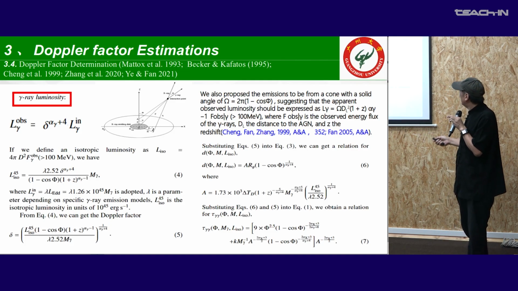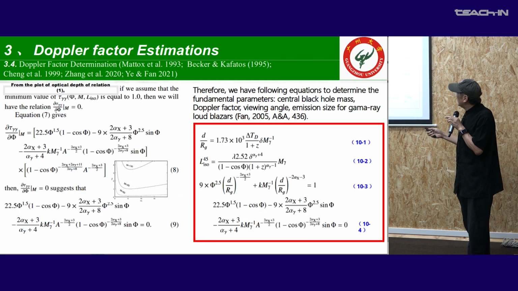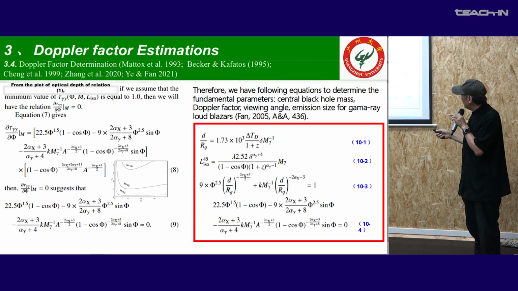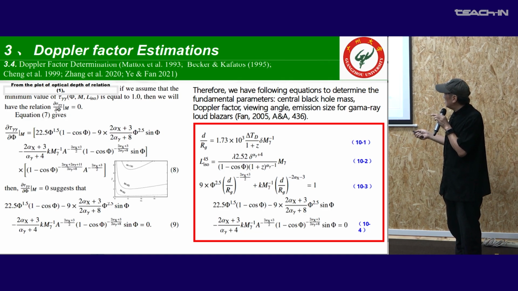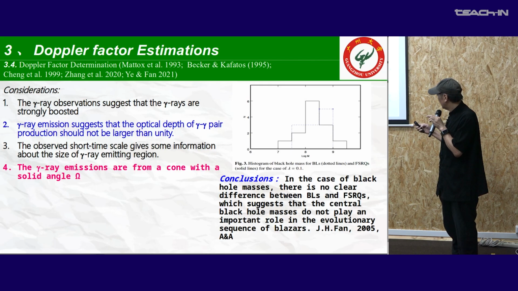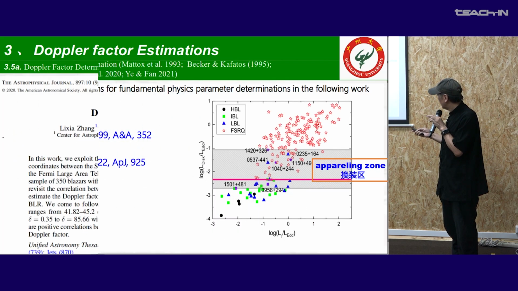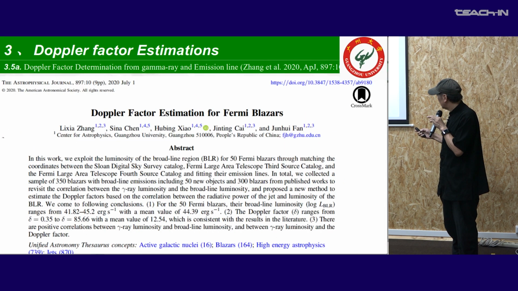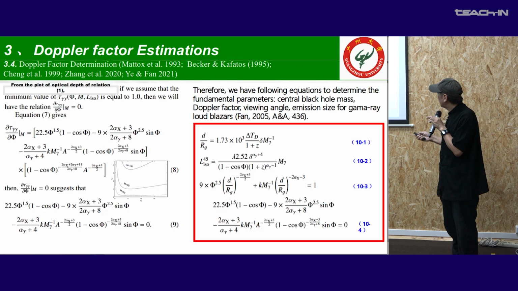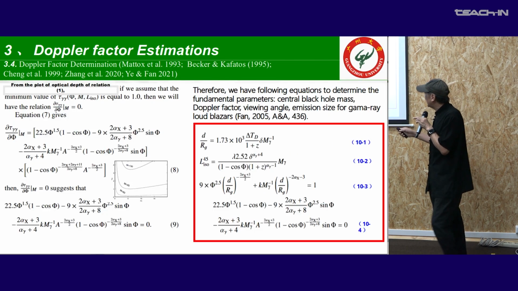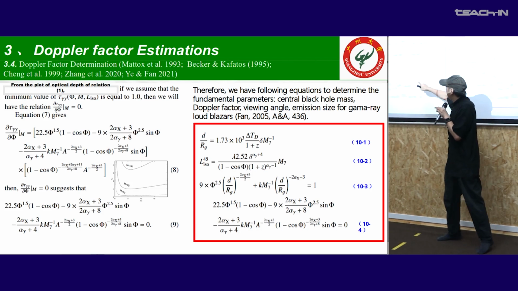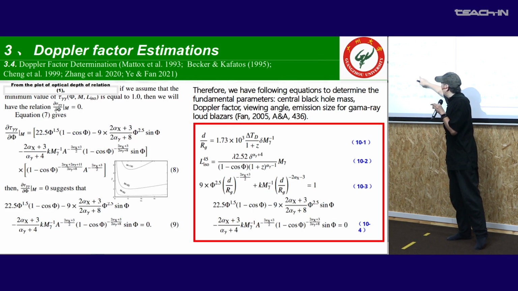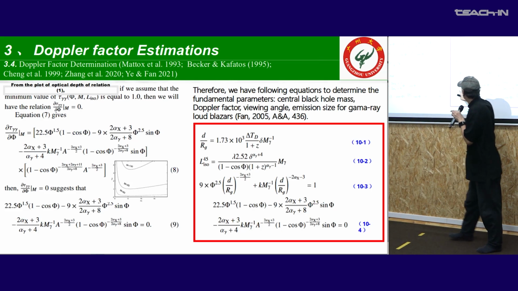Now we can get tau described in this way, and this is the emission size. Then we assume tau is 1, and we also take partial tau, partial phi, we can get the minimum. The minimum should be 0.